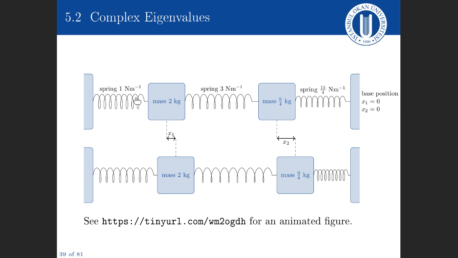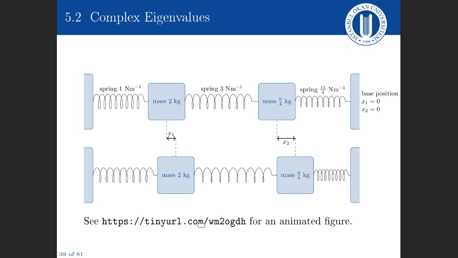I want to suppose that the top picture is the base position, where you can say that x1 and x2 are 0, and then as these blocks oscillate left and right, x1 and x2 will be their displacements to the right. I've generated an animated GIF for this picture, which you can view at the website I've listed at the bottom.